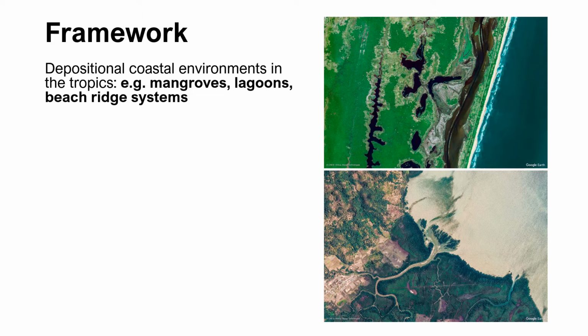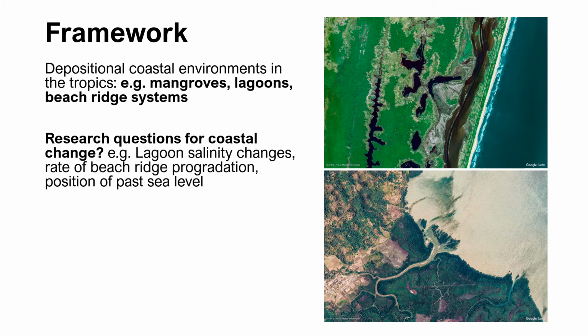Understanding coastal change using radiocarbon is typically done in a depositional environment. So in the tropics, some of these environments might be lagoons, mangroves, or beach ridge systems. To really understand what type of things you should be sampling, you need to relate that to your overall research question.